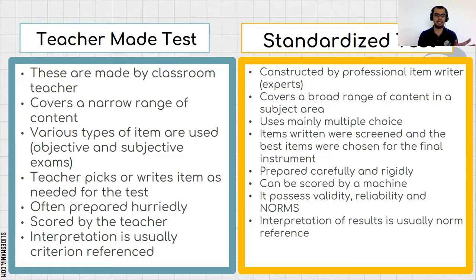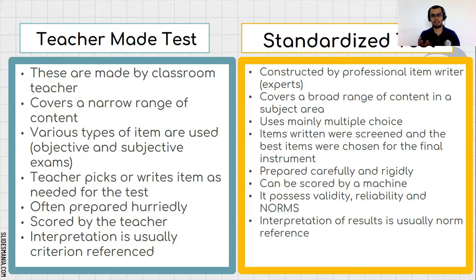We can still do it in teacher-made tests, but the main focus usually of teacher-made tests is criterion-referenced. Here in standardized tests, there are still criteria that we need to follow, because in the LET exam, there are a number of students who will pass and also a number of students who fail to pass the exam.